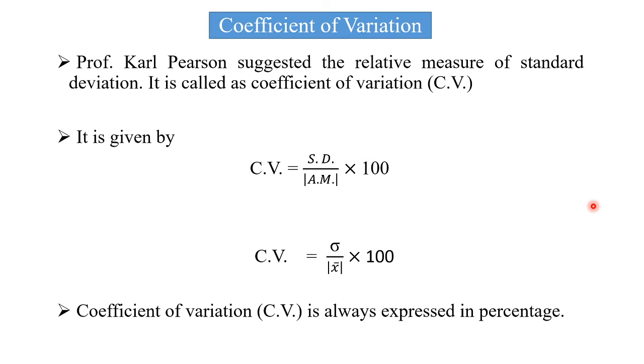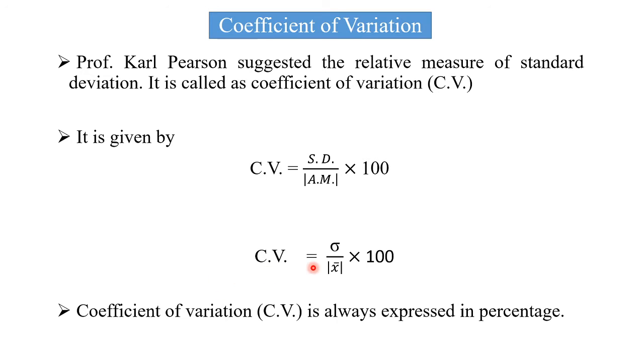Then coefficient of variation. Professor Karl Pearson suggested the relative measure of standard deviation, which is called coefficient of variation, also known as CV. It is given by coefficient of variation is equal to standard deviation divided by arithmetic mean into 100.